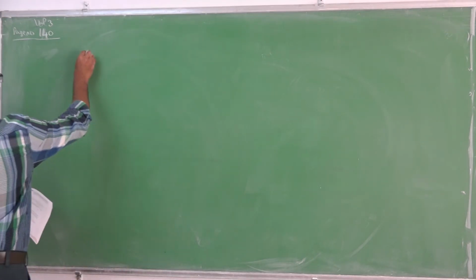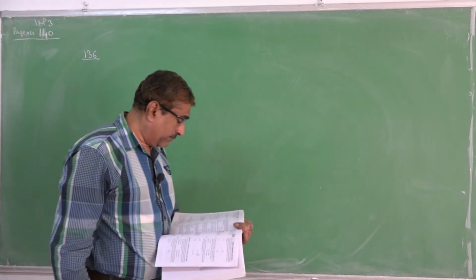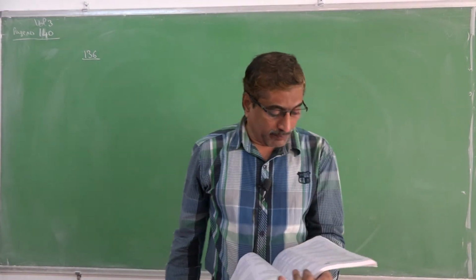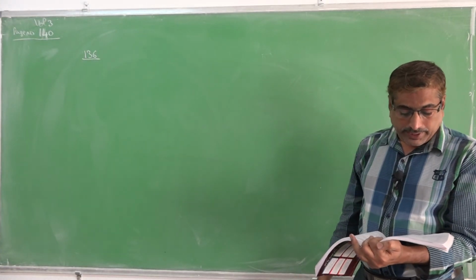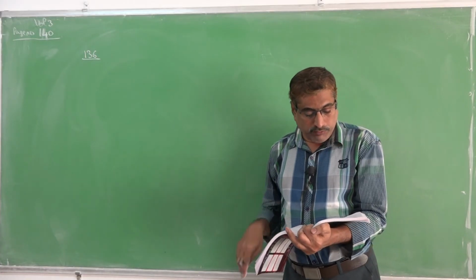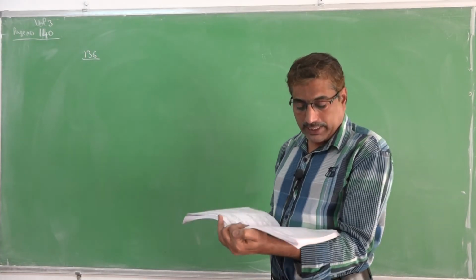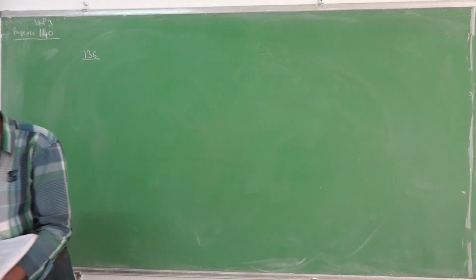136. A body of mass m is suspended from an ideal spring of force constant k. The expected change in the position of the body due to an additional force F acting vertically downward is? Okay.